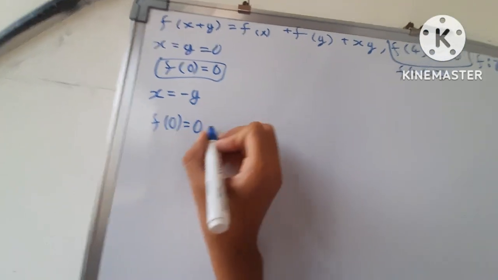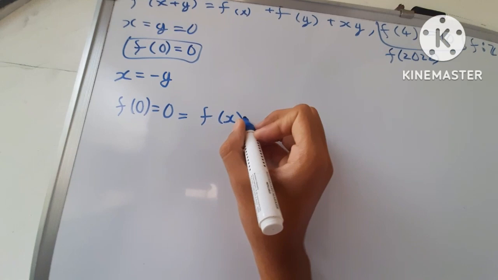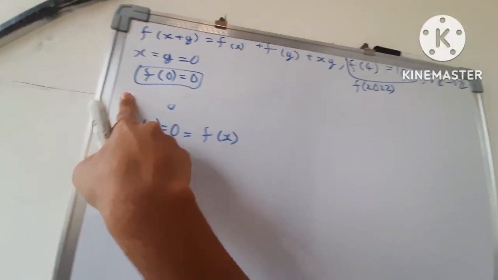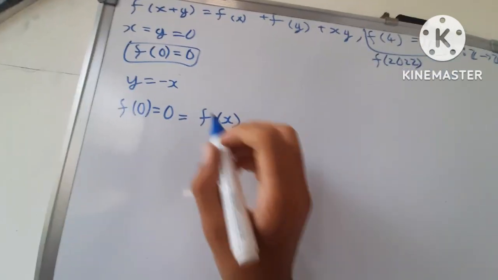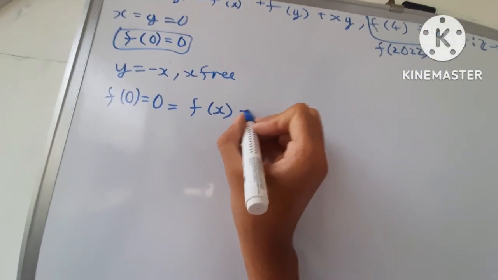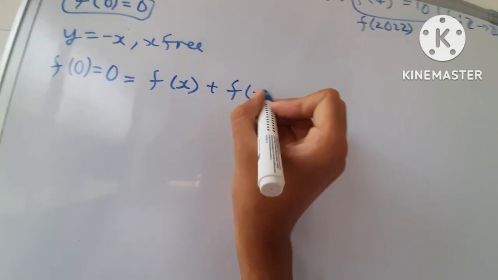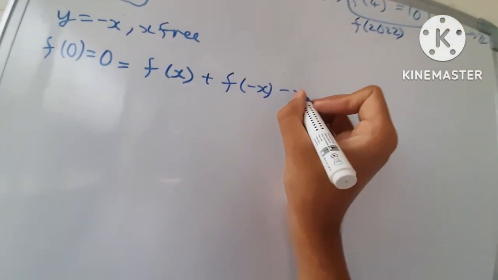We know that 0 is equal to f of x plus f of y. I'm going to do that backwards, right? y equal to minus x, and x is free. That's going to be minus x squared.